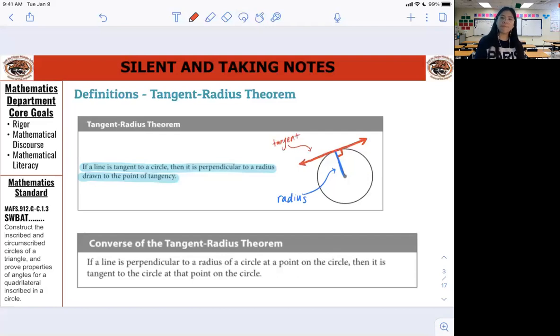Questions on this theorem? Now, as always, pretty much, we have a converse of this theorem, but that's basically saying the same exact thing: if you have a perpendicular line, then the line is a tangent line. So it goes both ways.